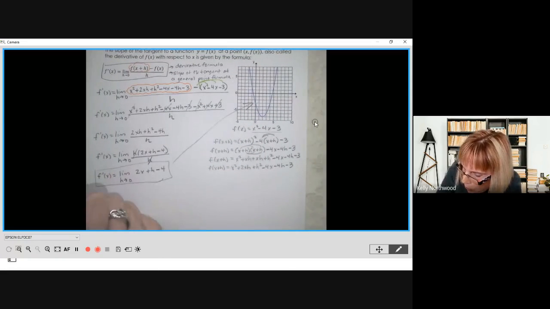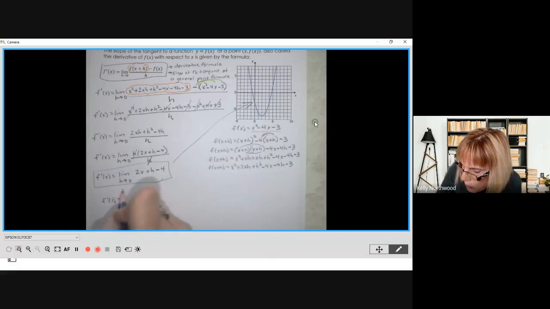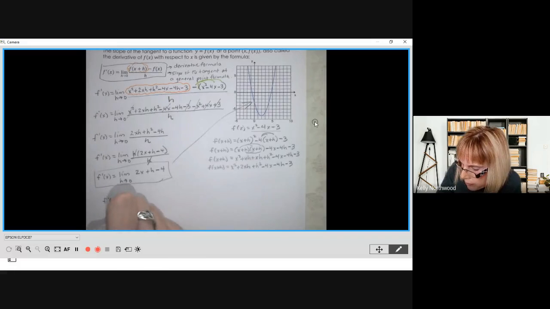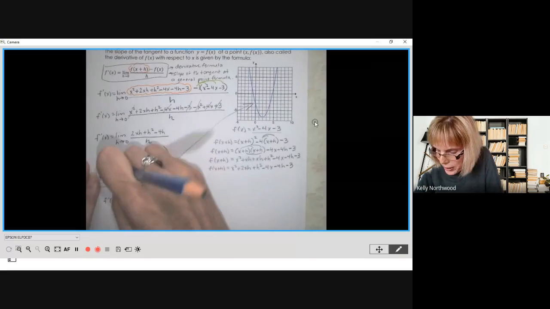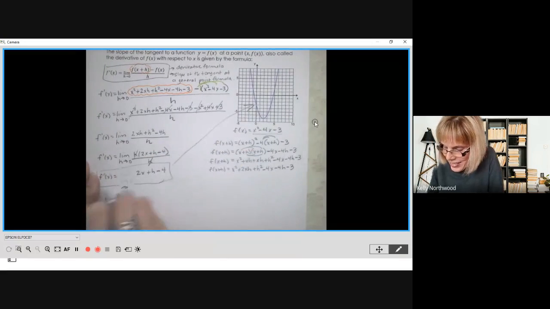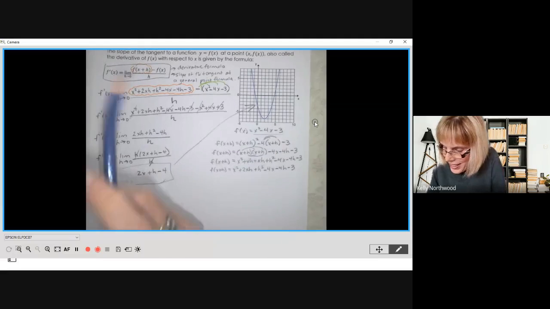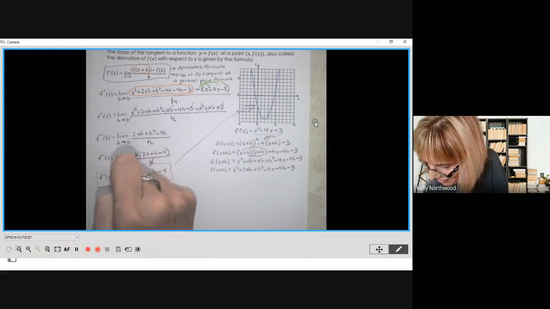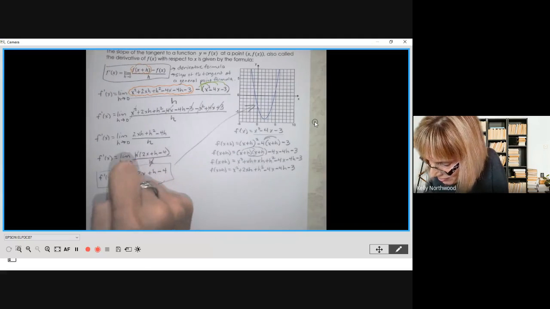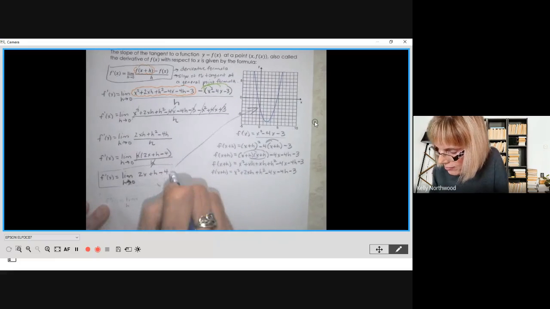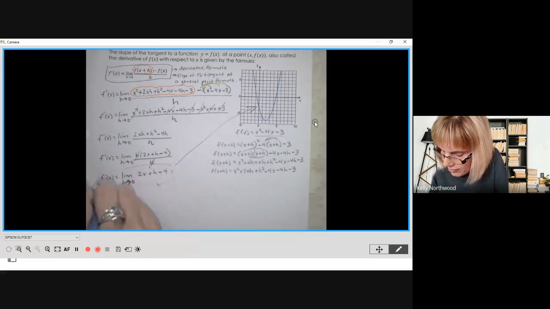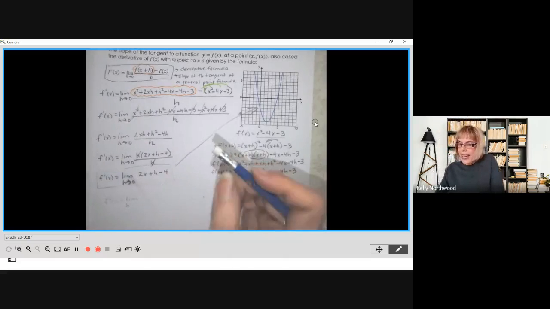So f prime at 1, for instance, would be the limit as h... Oh no, sorry, my bad, guys. There should be a limit there still, I'm just not done yet. Okay, I can still keep going.